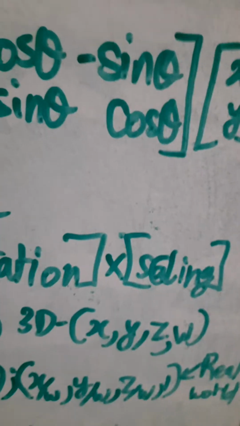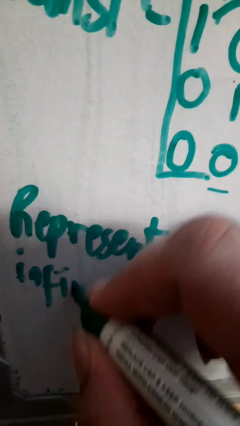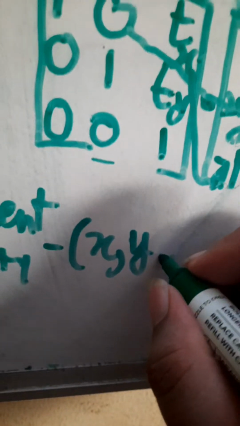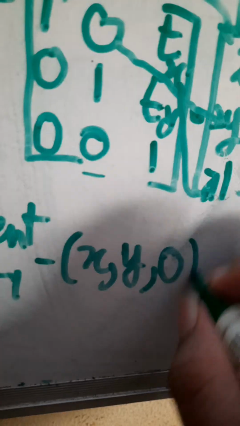Also there is another benefit: you can represent infinity with this. How can I show you? To represent infinity, I would just take x, y, and this w I can take as 0.